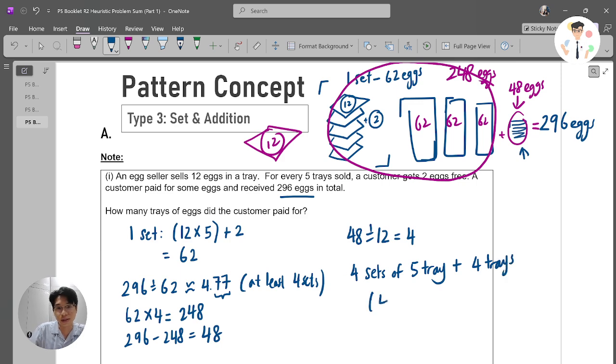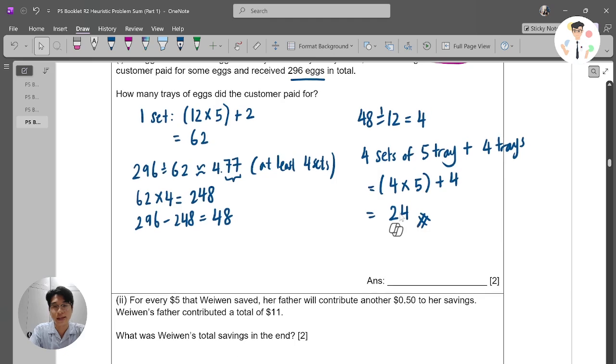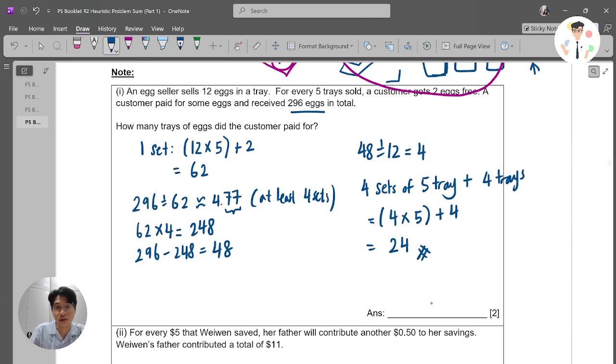So that means 4 times 5 plus 4. 4 times 5 is 20, plus 4 is 24. This means the customer will need to pay for 24 trays. That's it. And all the extra 2s are free for them. That's basically one of the set and addition kind of questions.